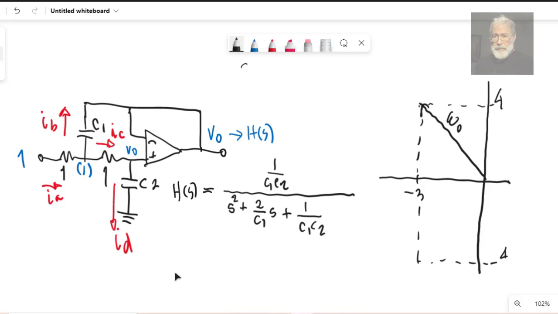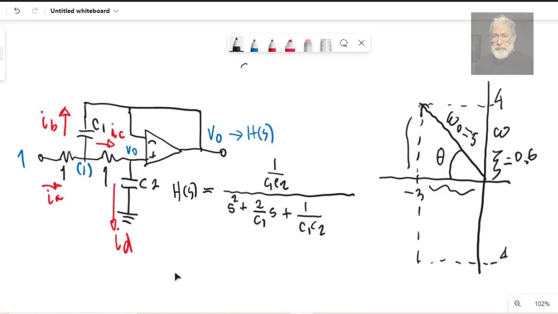And the cosine of this angle is the damping factor. If this side is 3 and this side is 4, that hypotenuse is 5. So omega naught, the undamped frequency, is 5. And this cosine, SOHCAHTOA, would be 3 divided by 5. That cosine, which is no other than the damping factor, will be 0.6.